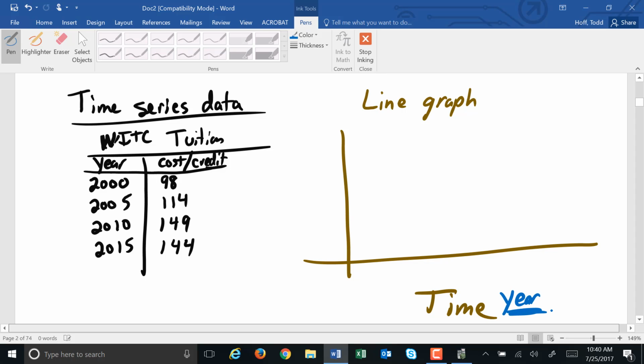So we label that as year. And of course, we're going to label those years 2000, 2005, 2010, 2015. And now I'm going to avoid doing that broken axis here, although this would be a spot where it wouldn't be a terrible idea.